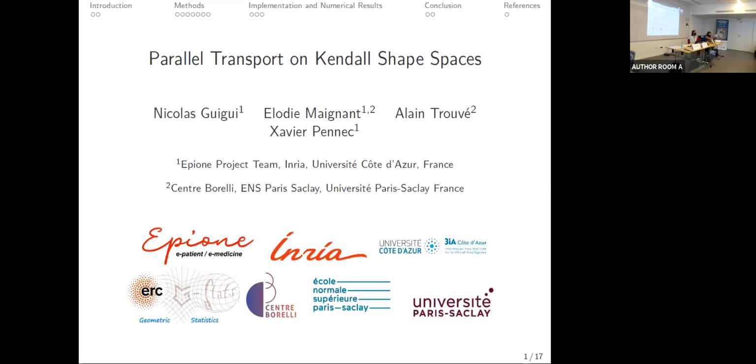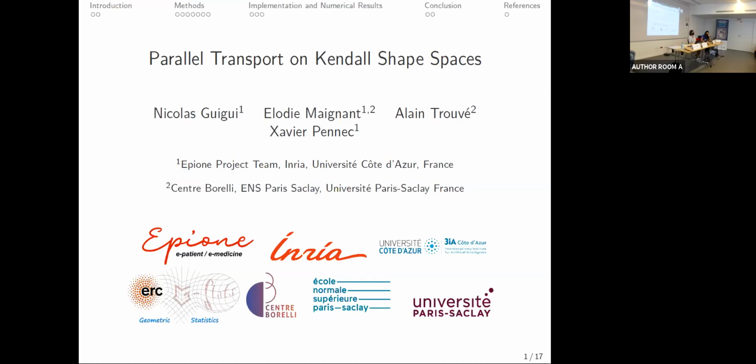The first goal of this work was to find efficient enough methods for computing parallel transport on Kendall shaped spaces. We had an existing method called the Pole ladder method, developed by Nicolas Guigui and Xavier Pennec.